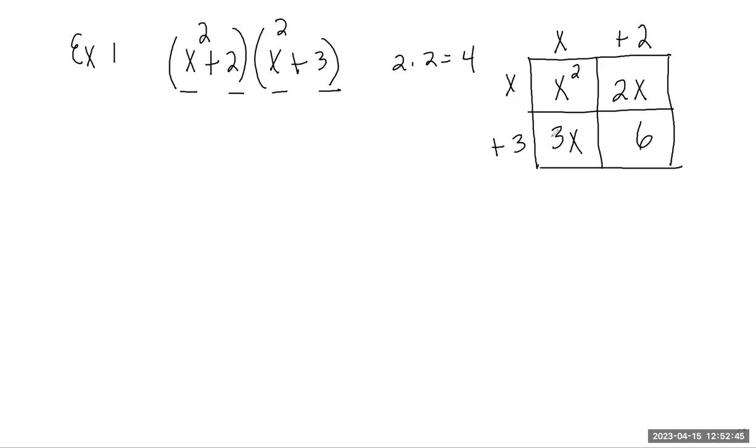Okay. Now, here's where the magic happens. As long as these are put in what we call descending order, in other words, you have your highest power of x first, this term in the upper left is going to be your leading term in your polynomial. Along your diagonals, these are going to combine in some way.